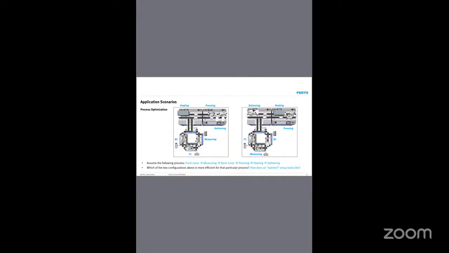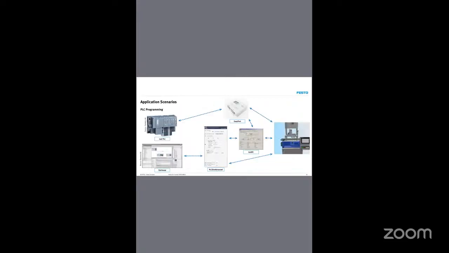So now you have two different layouts. Using Ciros, you have layout A and layout B, and you compare these two layouts and identify which one is good. Then the next one is called PLC programming. For example, we can connect the Siemens PLC to Ciros.